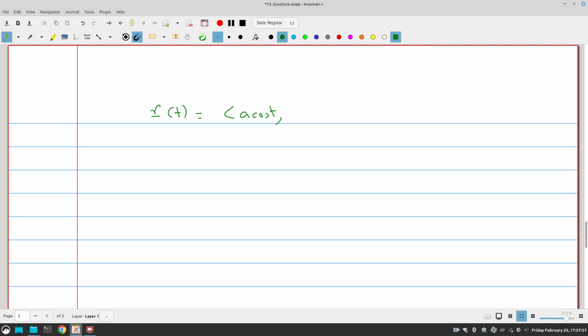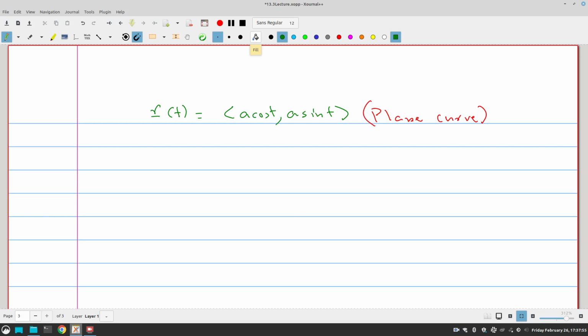Right, so this one is a plane curve. Why? Because this is in 2 dimensions. Let's see how we can find the curvature.